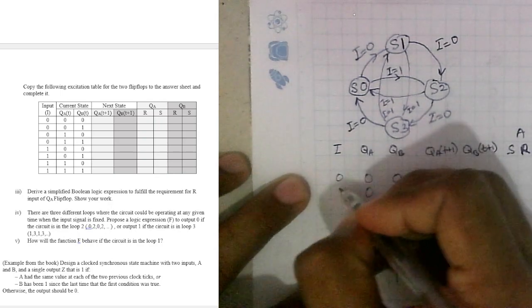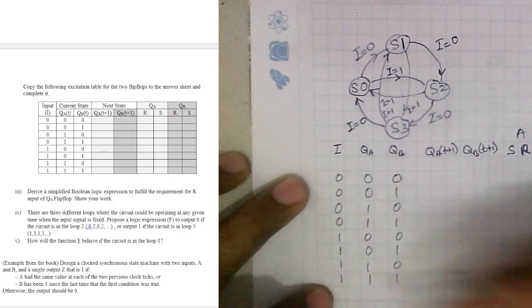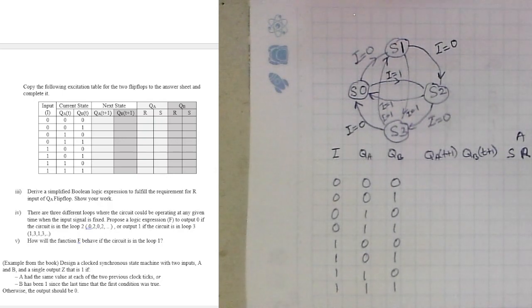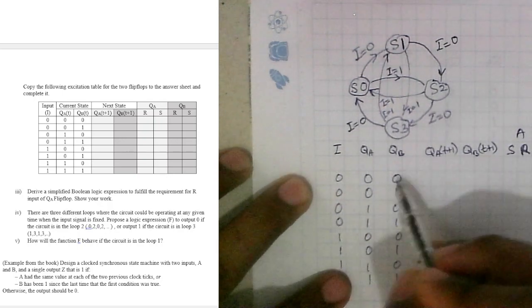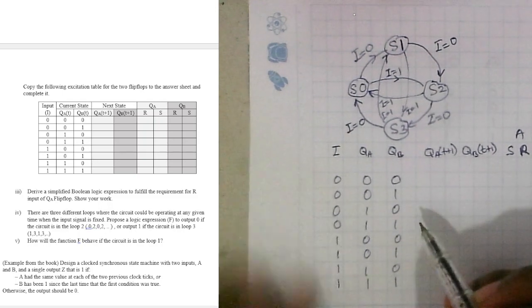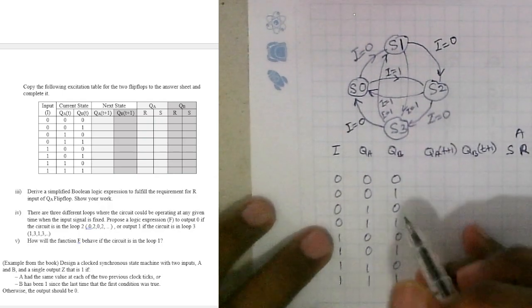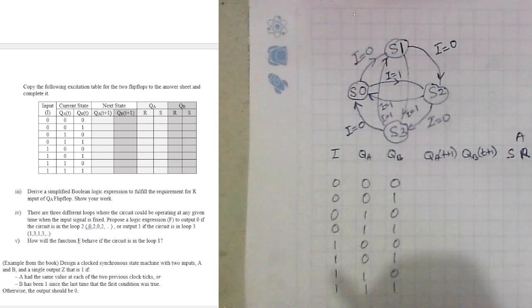Okay, 0 0 0 0 1 1 1 1. So this is the exhaustive configurations of the entire circuit. And what are the transitions we need to implement in order to get the desired behavior of this particular state transition diagram? That's the thing we are trying to figure out.